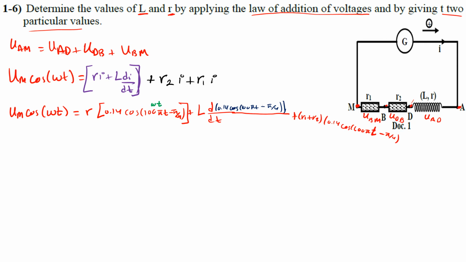So first I will say, assume that omega t is equal to pi over 4, or we can write it as t equals pi over 4 omega. Let's replace in the formula.